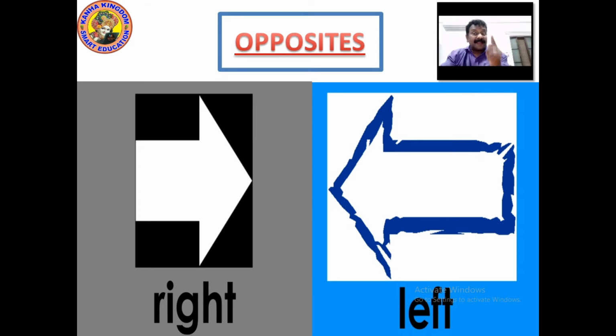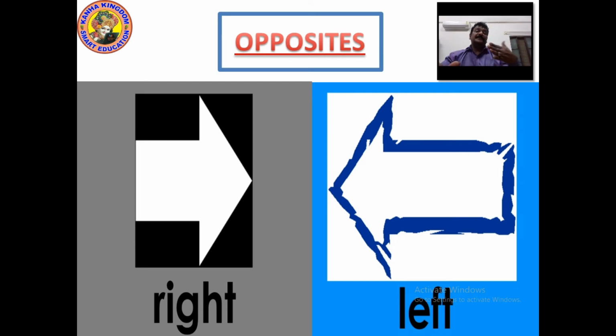So opposite of right is what? Opposite of right is left. Opposite of left is what? Right. So please write it down. Right, left. There we saw the answer was right, wrong. At that place it came as wrong. Opposite of right was wrong.